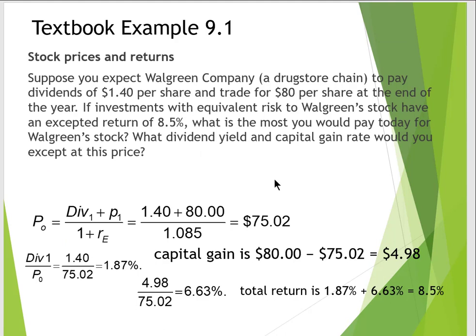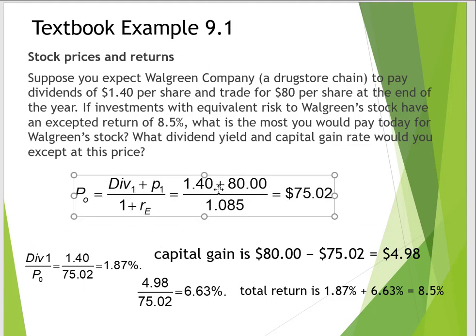So if you were going to invest in Walgreens, we think that Walgreens is going to pay a dividend of $1.40 and it's going to trade at $80 at the end of the year. If similar risk investments earn 8.5%, what's the most you'd pay on the stock? So here's our formula.